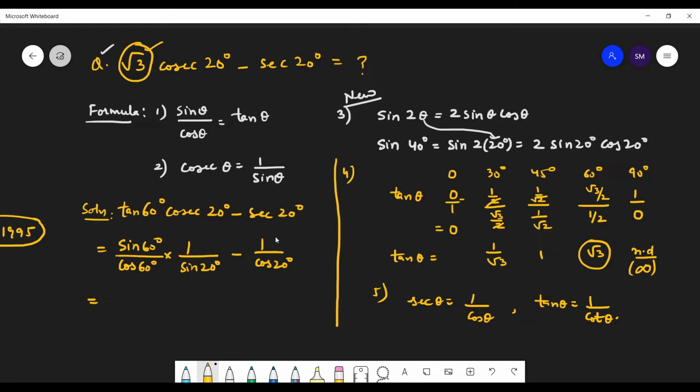One is this formula, sine 2 theta, and another is this formula. And students, if I have minus over here, A minus B, then here I have minus. So these are the two new formulas of class 11. So students, note them down, particularly these two formulas. So now you can see this is A, sine A.